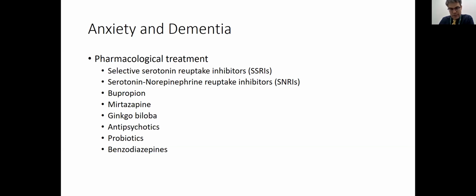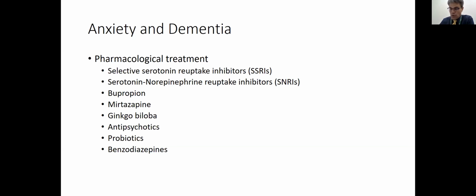The actual effect size couldn't be calculated because it was a small study with some missing data. So they said maybe ginkgo biloba has a little bit of improvement, but it's not clear based on the couple of studies included, and it seemed like only one. For SSRIs, they mostly looked at citalopram, and again there was a little bit of improvement.